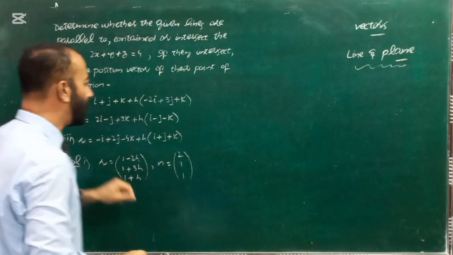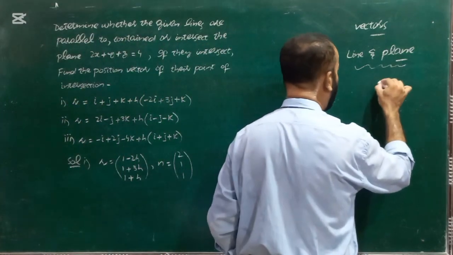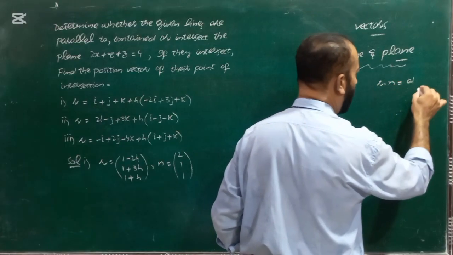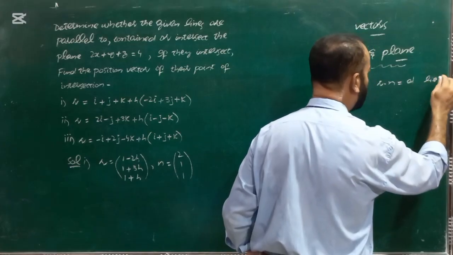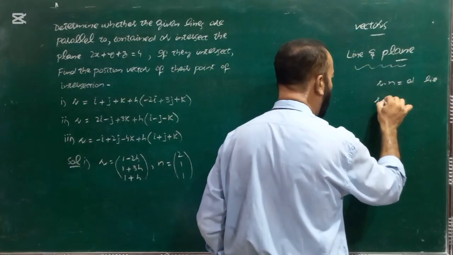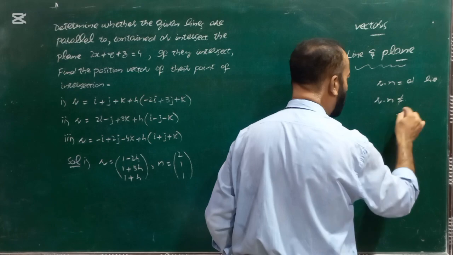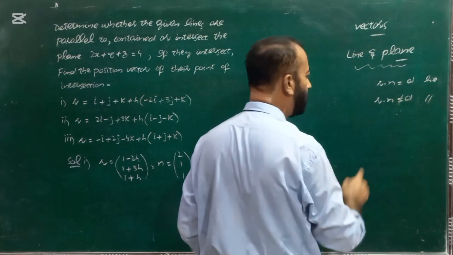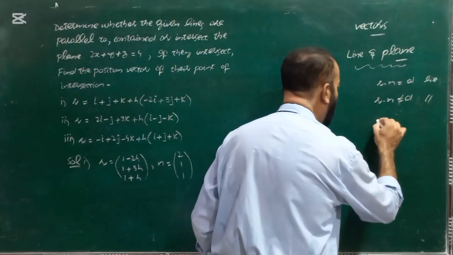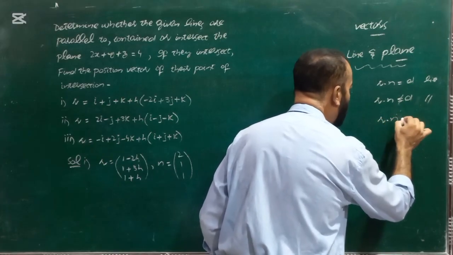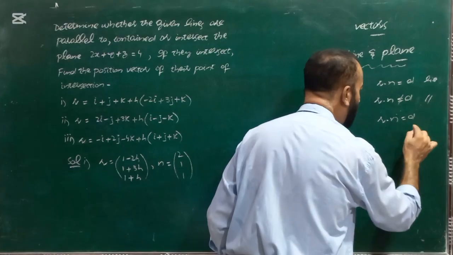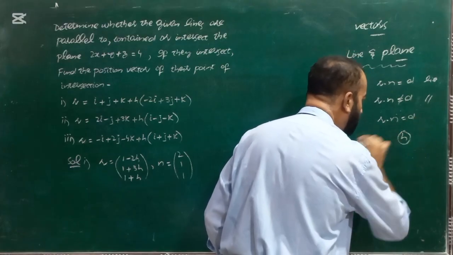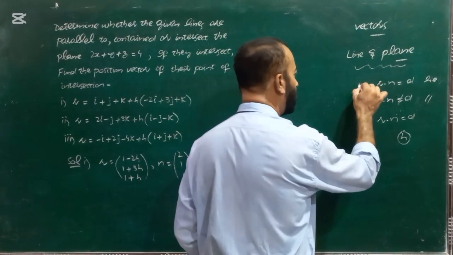So look now the concepts. If r dot n is equal to d, then it will lie on the plane. If r dot n is not equal to d, the line and the plane will be parallel. And if r dot n involves an equation involving lambda, that will intersect.